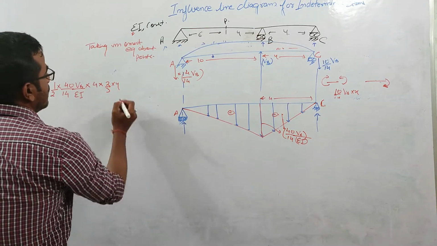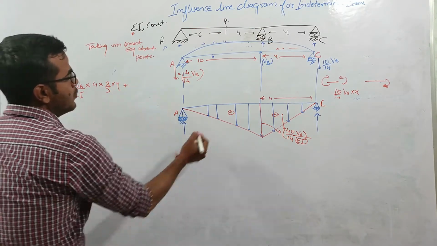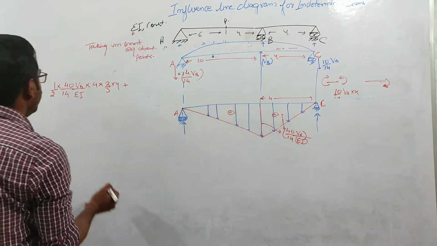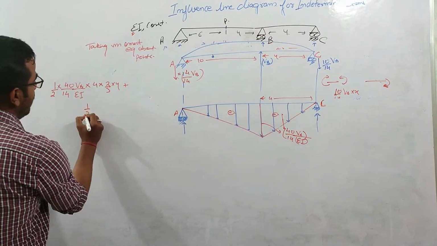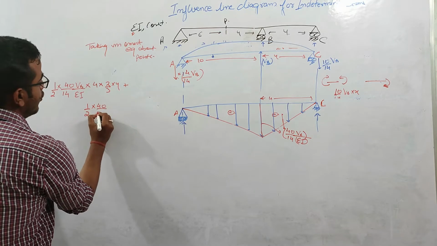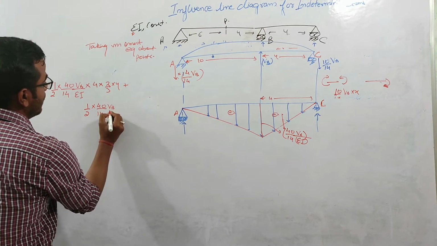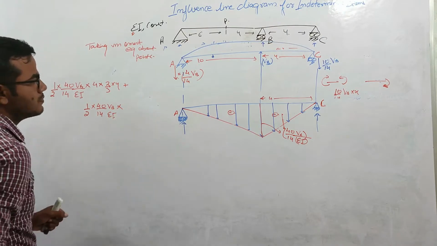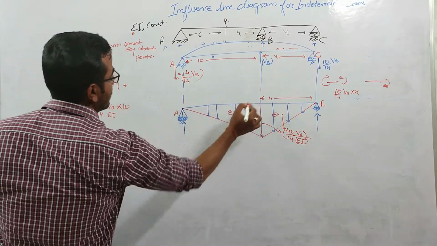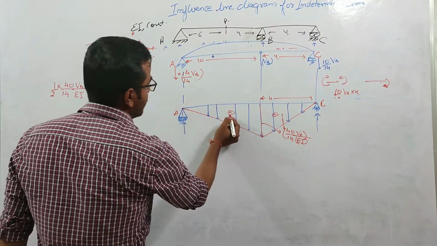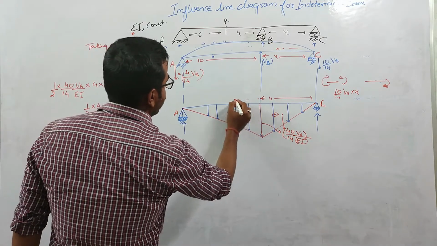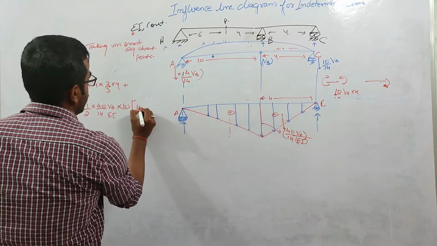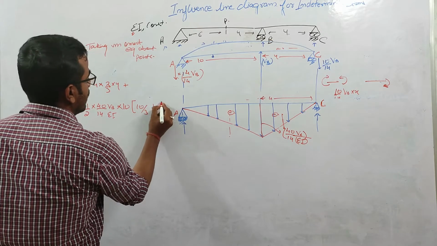Then again plus, due to this loading also we will have an anti-clockwise moment, so the value again will be half into 40 over 14 VB over EI, into this distance, which is basically 10, and it will be acting at the centroid, which will be 10 by 3 plus 4 meter.